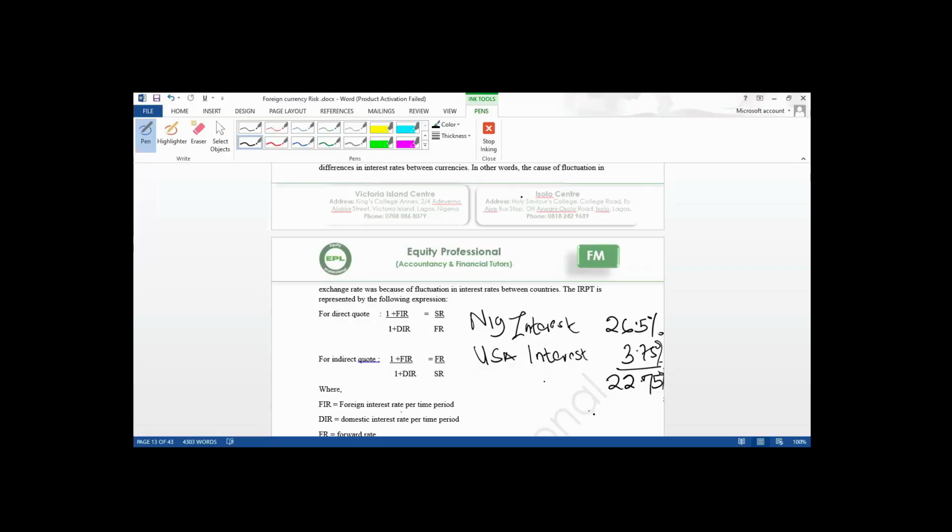You can begin to appreciate why Naira is falling, as of today, or as of tonight, interest rates communicated by CBN is 26.5.